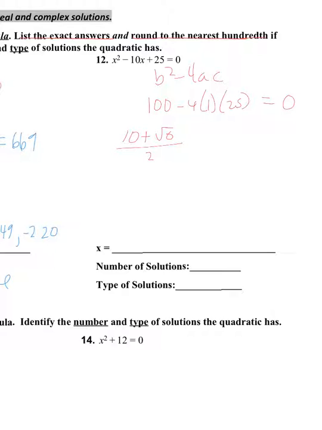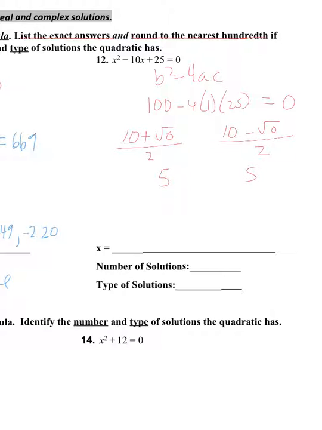And the opposite of b minus the square root of 0 over 2. So basically what I got is 5, and 5. Because when I add 0 and I subtract 0, I'm going to get the exact same thing.